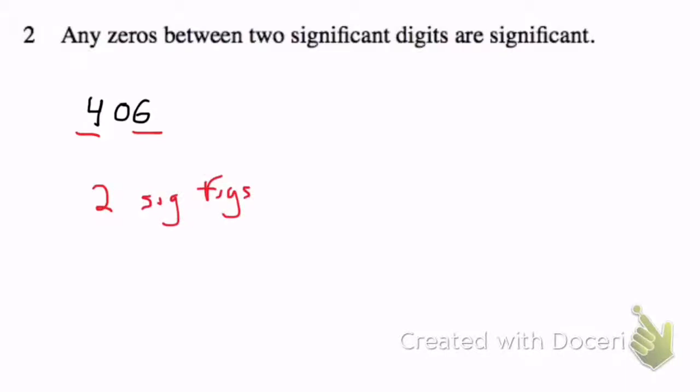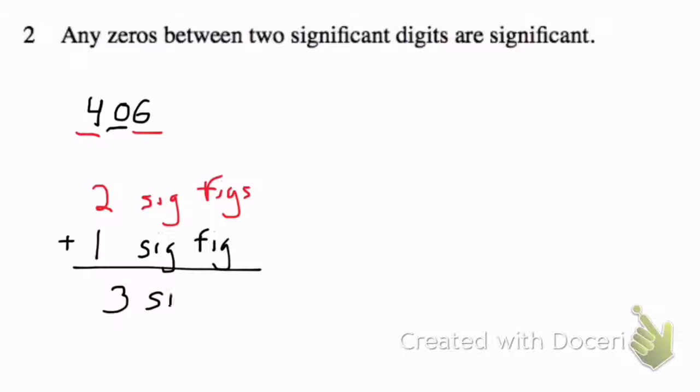But from the second rule, we see that any zeros between the two significant digits are therefore significant. So the 0 has to be significant, plus 1 sig fig, which gives us a total of 3 significant figures.